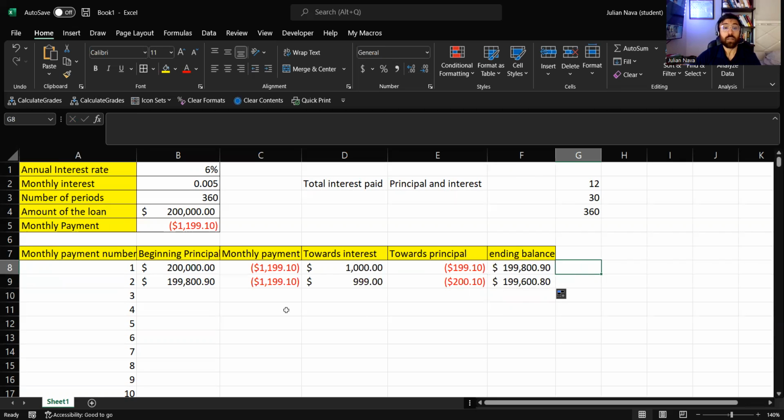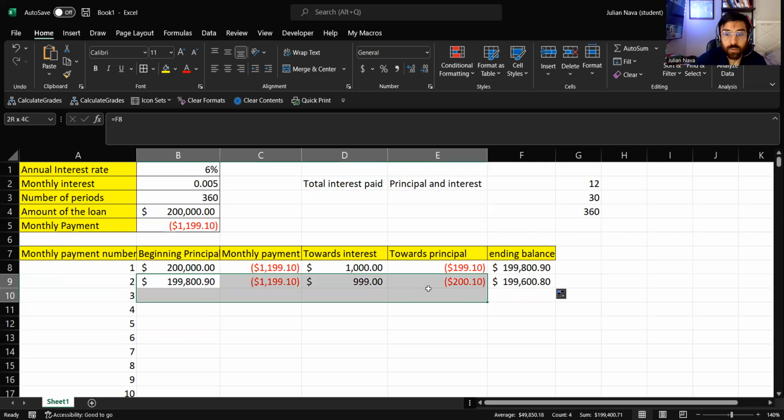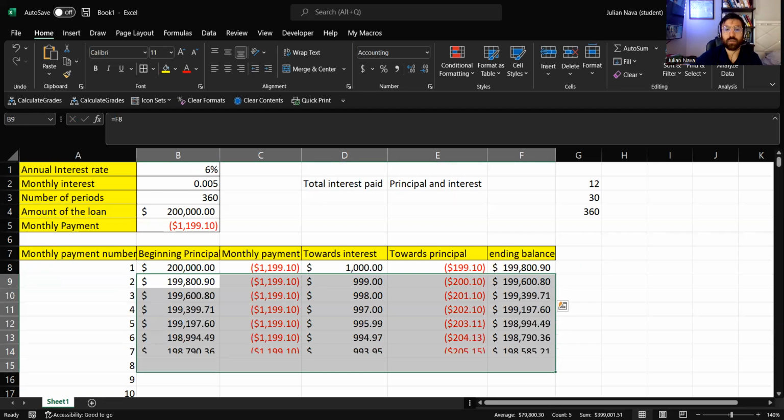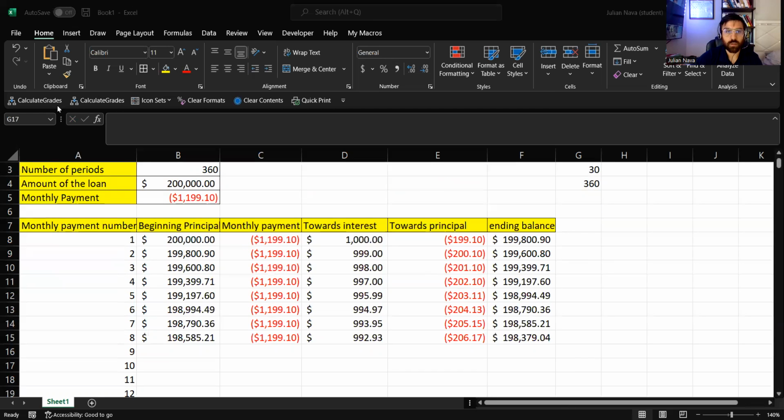And then this should follow. Okay, cool. So once we get our second month's payment, we could just drag this down and it'll solve it for, wait, what just happened? Hold on real quick. All right.